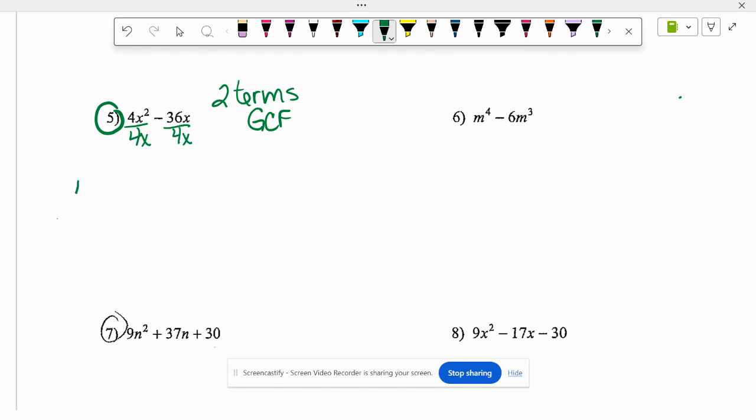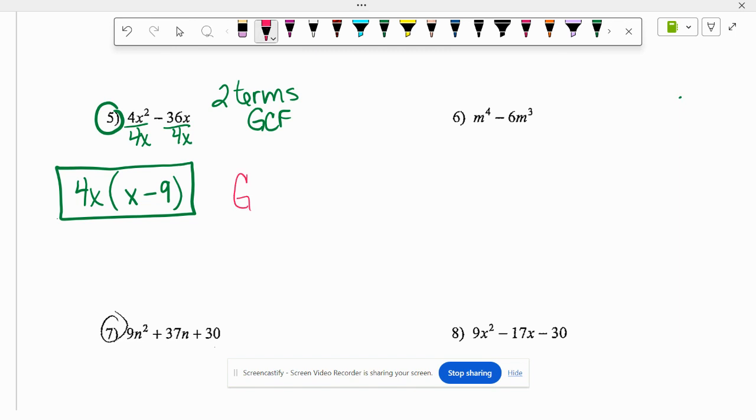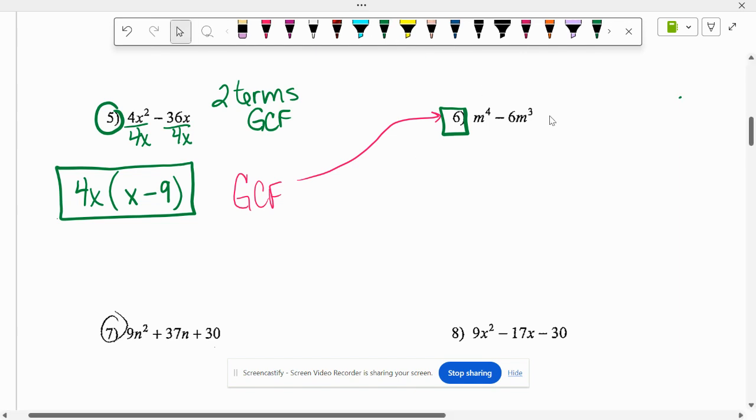So when I do that, I have 4x times, let's see, 4x squared divided by 4x is just x, and negative 36x divided by 4x is negative 9. So the only way that I'm able to factor this is just by taking out a GCF. The same will be true for example number 6. You can only take out a GCF.